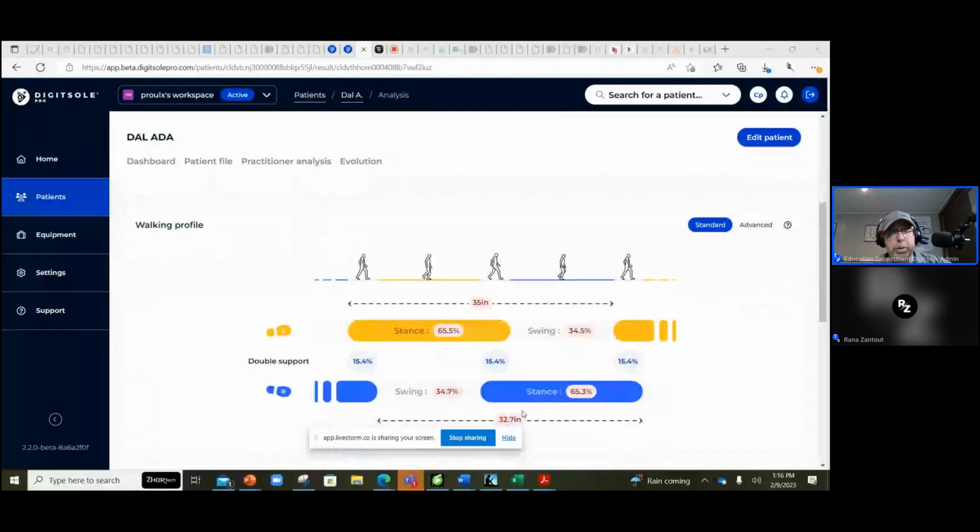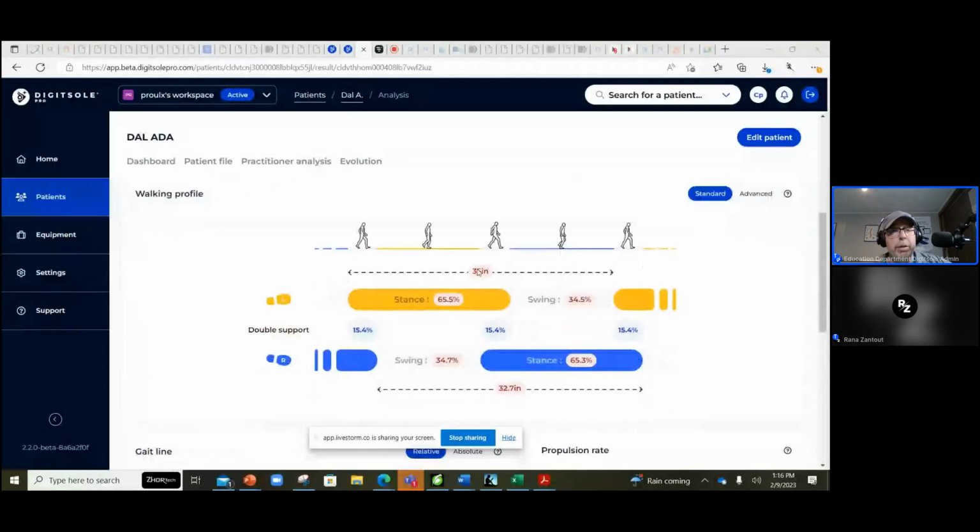But here's what's interesting: he has a stride on the left of 35 inches, and a stride on the right of only 32 inches. That's pretty significant. We would say that his stride is also relatively short, but again, we were keeping him from walking too fast.